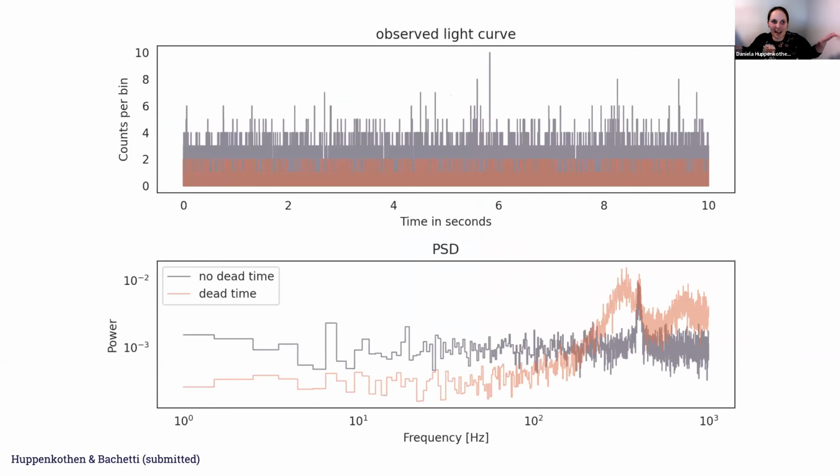You have this flat level generated by the Poisson noise, and then you have this nice QPO. If you add dead time, you get this very wavy structure. You depress this flat noise level at low frequencies, and at high frequencies you get this weird wavy structure. And that can mask real signals, and also makes it really hard to estimate parameters in that space.